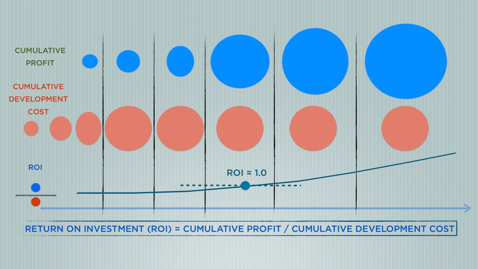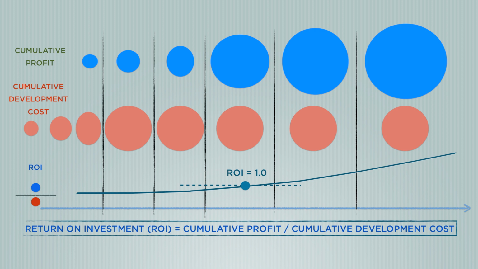Every quarter you add the previous quarter's number, and then the next quarter you add the previous number. So at any quarter, that number is the cumulative profit. If I look at Q3, the third column, that number is the total cumulative profit I got from this product in its lifetime until this third quarter.